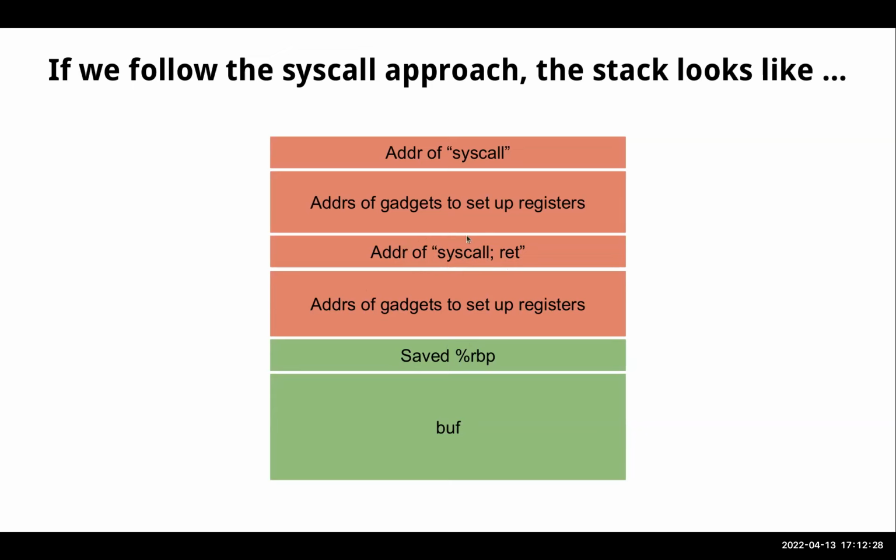Then what we do next is we put more addresses of other gadgets there to set up the parameters for sendfile, right? Then we just do a syscall. Remember, this time, the second time, you don't need a return at the end. The first time you do need a return because you want to give the control back here.